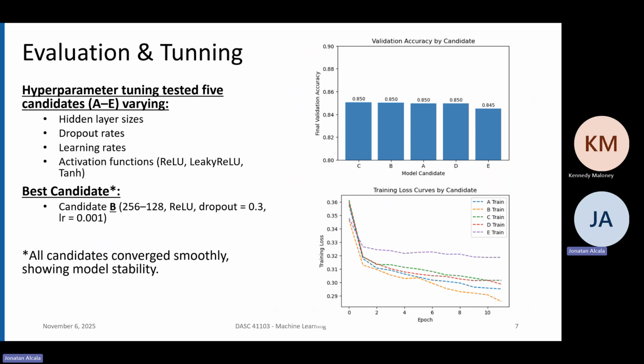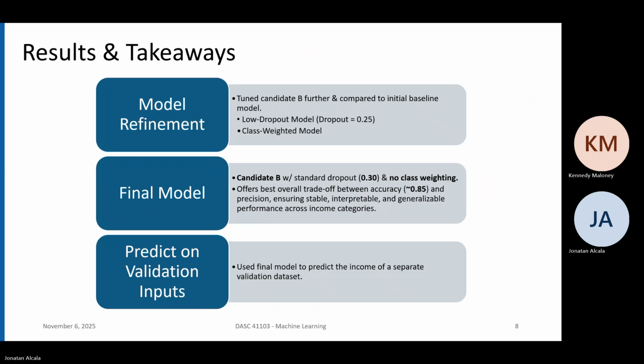The best candidate, B, with layers of 256 and 128 neurons, ReLU activation, a dropout of 0.3 and a learning rate of 0.001 showed the most consistent and lowest validation loss. These curves demonstrate that all candidates converge smoothly, meaning the model and optimizer were configured effectively.